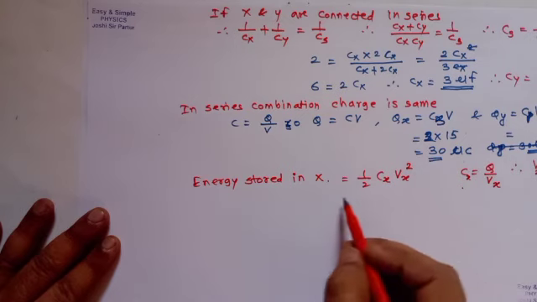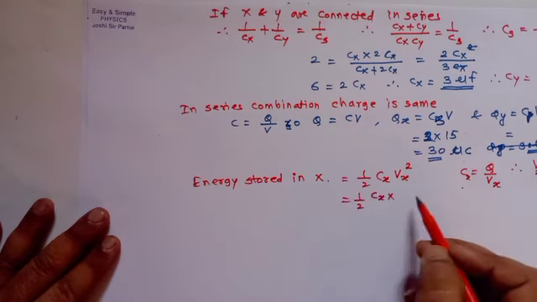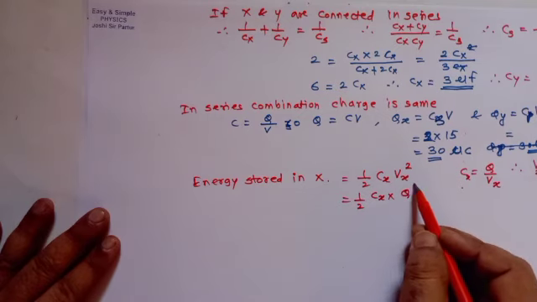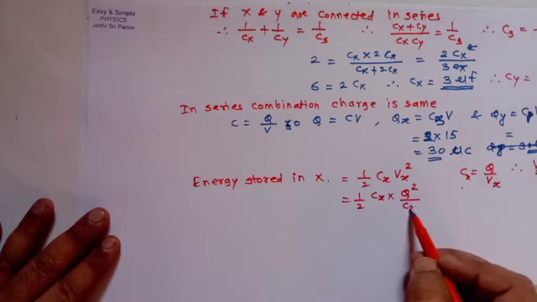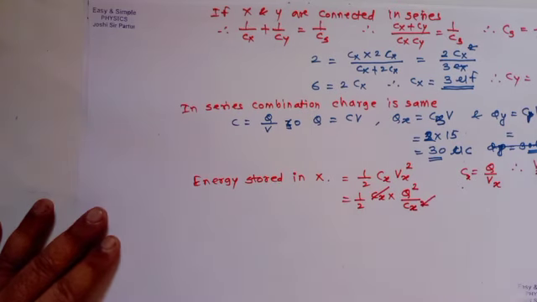If we substitute, half Cx multiplied by Q square upon Cx square. Cx gets cancelled.